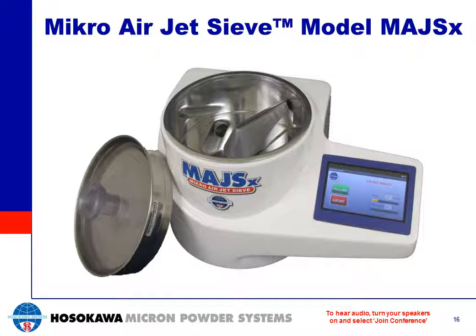The Hosokawa Mikro Air-Jet Sieve, also known by the acronym MAJSX, X standing for the model, analyzes dry powders ranging from 20 microns to 4,750 microns by using a short series of test sieve screens.